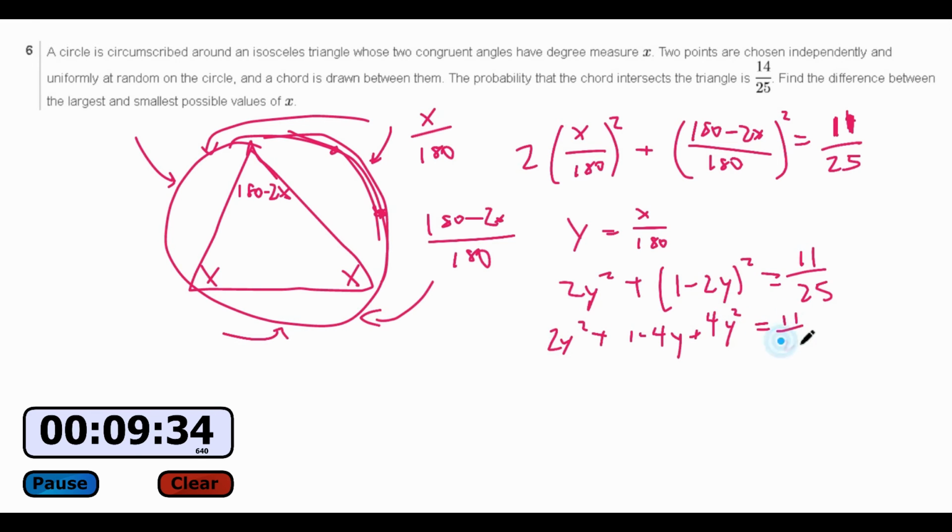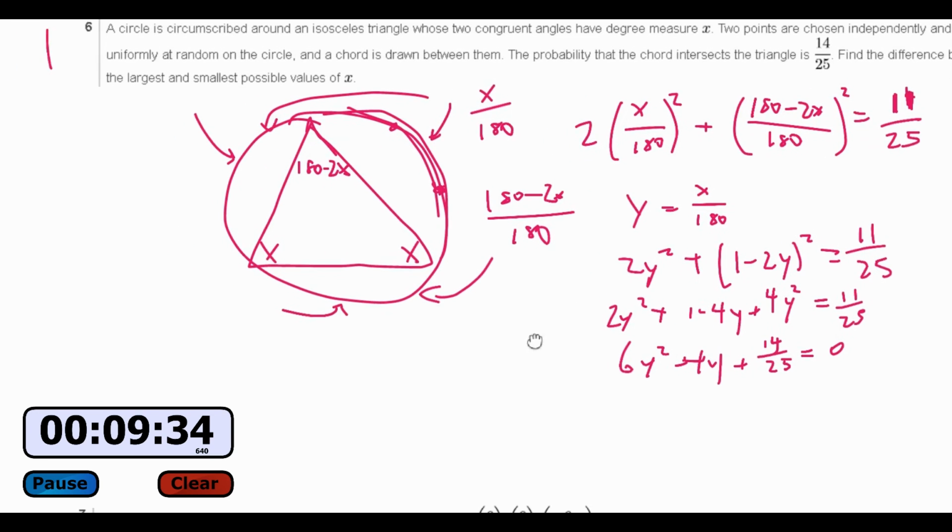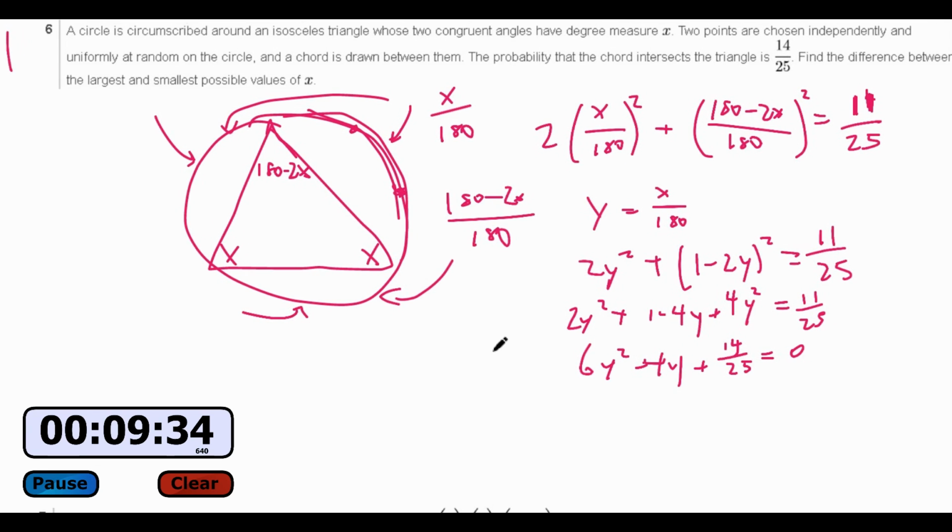Equals 11 over 25. And then we get 6y squared minus 4y plus 14 over 25 is equal to 0. Okay, so now let's suppose we want to find the difference between the largest and smallest values of x. If we just find the difference between the largest and smallest values of y, then we can just multiply by 180 because of this equation to get our answer.